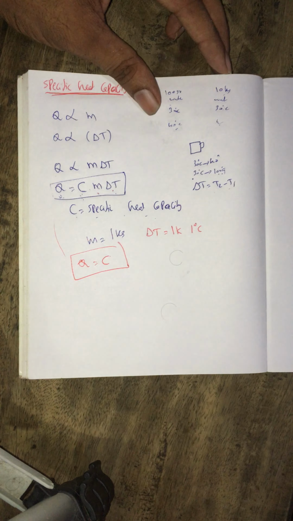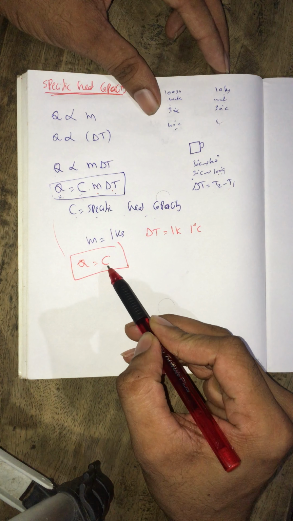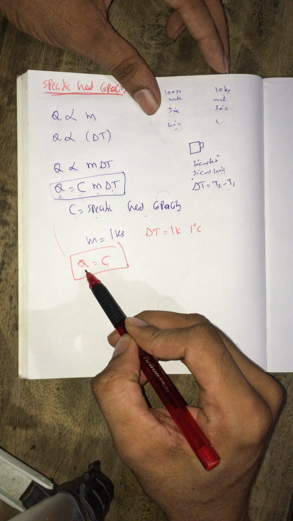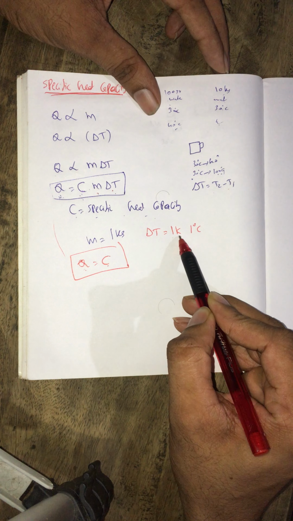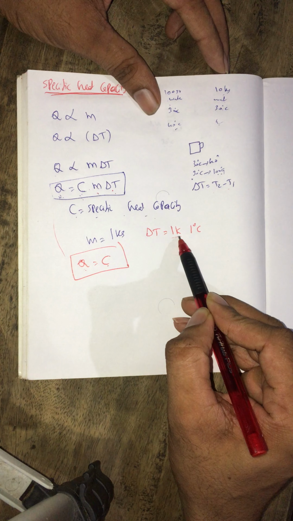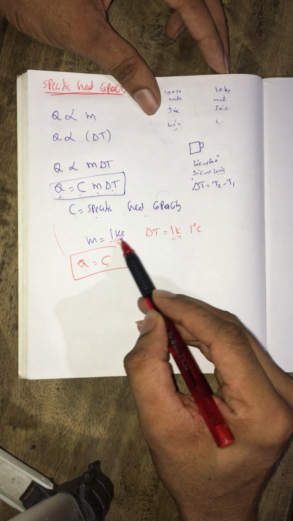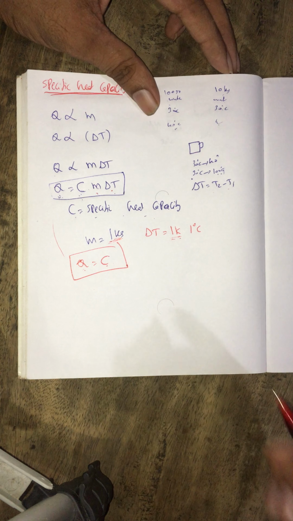So can I define specific capacity by using this? Why not? I can say the specific capacity of a substance is nothing but the amount of energy required to increase the temperature by 1 Kelvin, or decrease the temperature by 1 Kelvin, for a unit mass of the substance. It can be 1 kilogram of the substance. So what would be the unit for this?